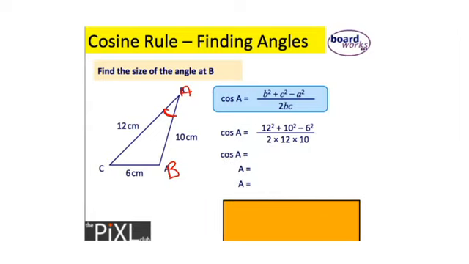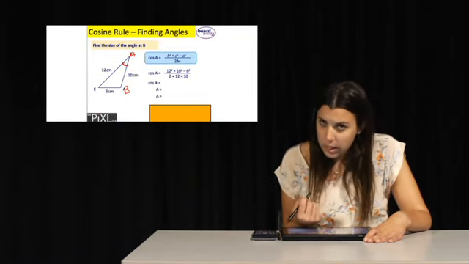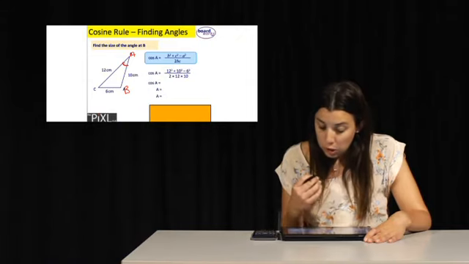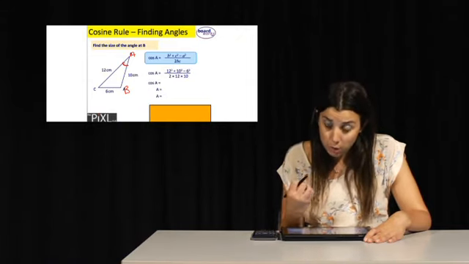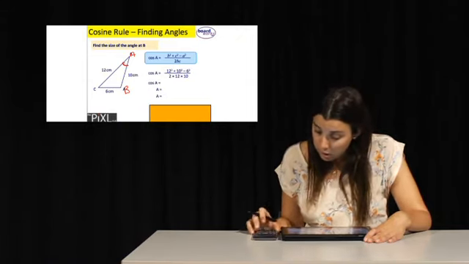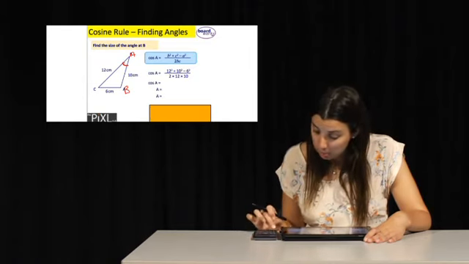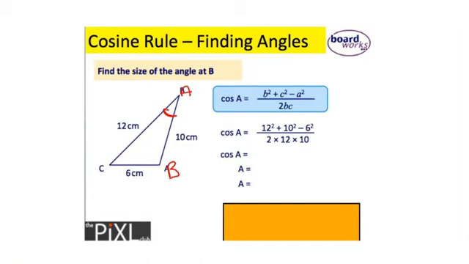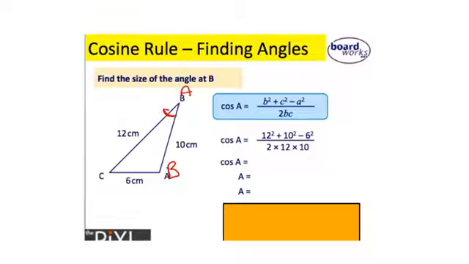Substitute that into your calculator. Again, with these kind of questions, sometimes it's easier to actually work the top out and then the bottom separately. So on your calculator, with me at the same time, we're going to have 12 squared, add 10 squared, take away 6 squared, again 206.